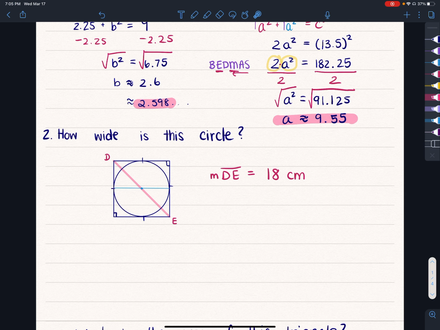And now if you've unpaused it, I will show you how to do this. So this line, if I just drag this up and down, I notice that the diameter of the circle lines up exactly with the side of the square.